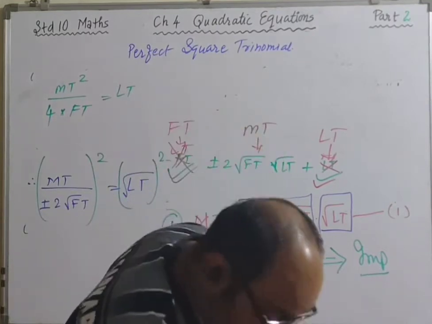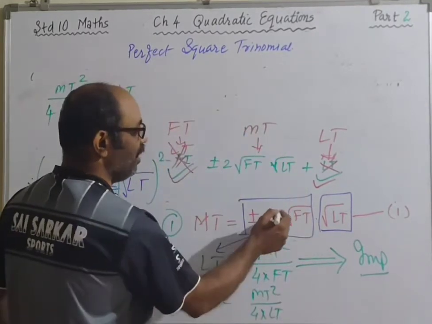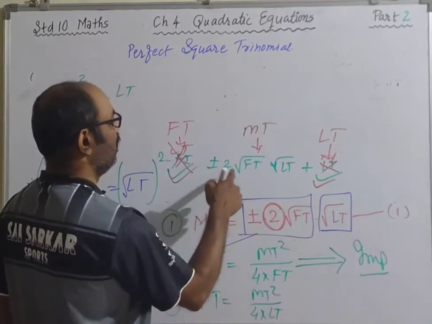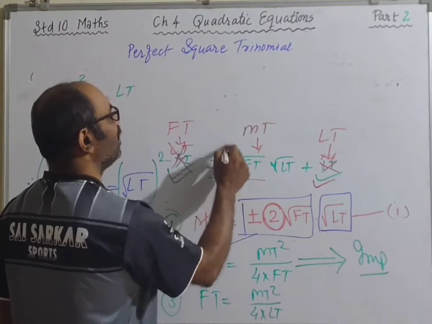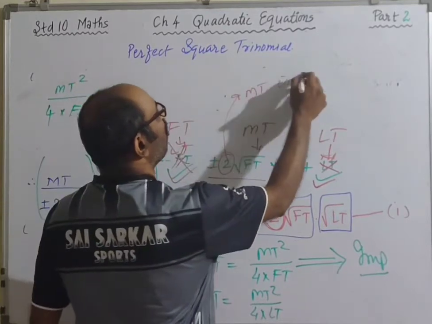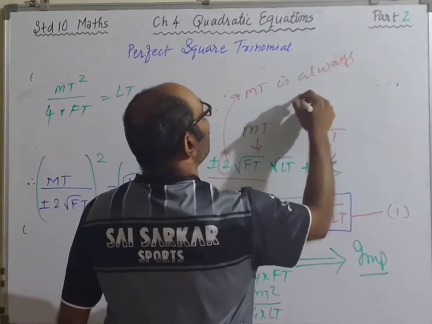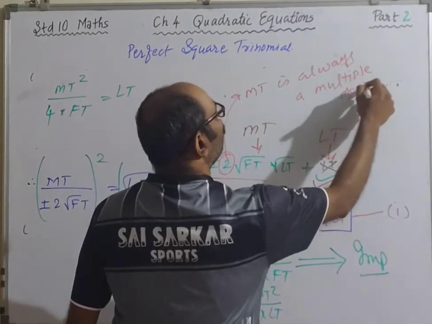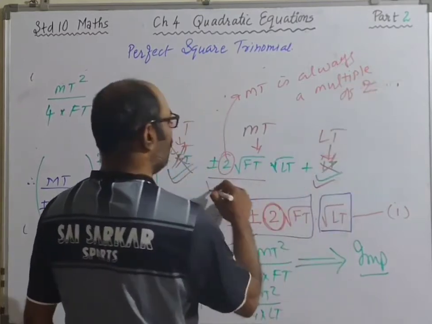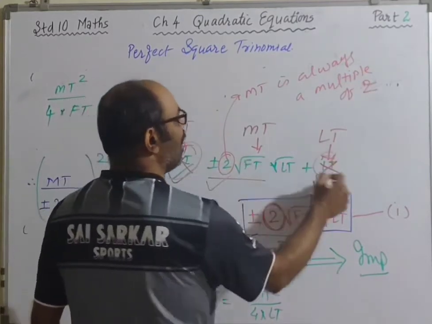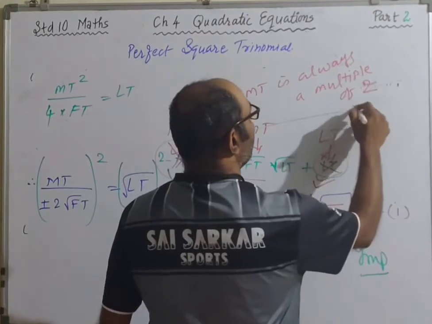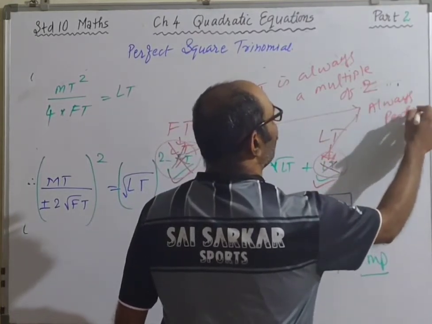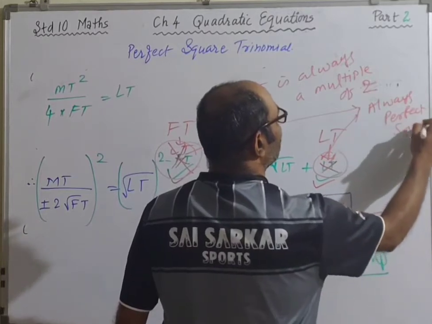All right? And children, observe one thing: in the middle term there is always a 2. There is always 2. So the middle term is always a multiple of 2. And the first term and last term are always perfect squares.